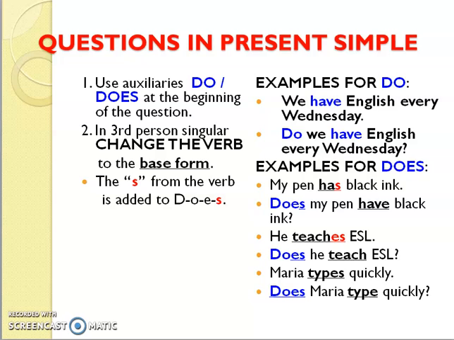To form a question, we should use do, and we should add the suffix of the main verb to the stem of the auxiliary verb, and then it becomes does. Does Maria type quickly? As you can see here, the main verb is without any suffix. I mean, type. Does Maria type quickly?